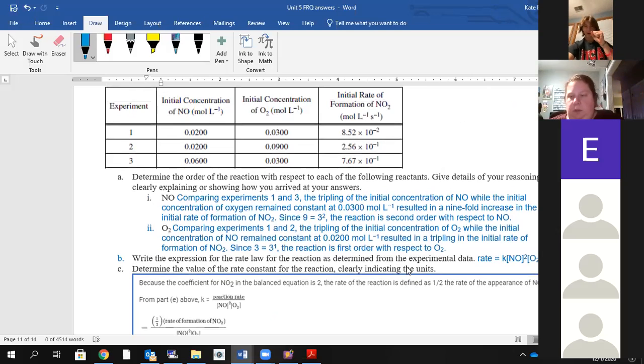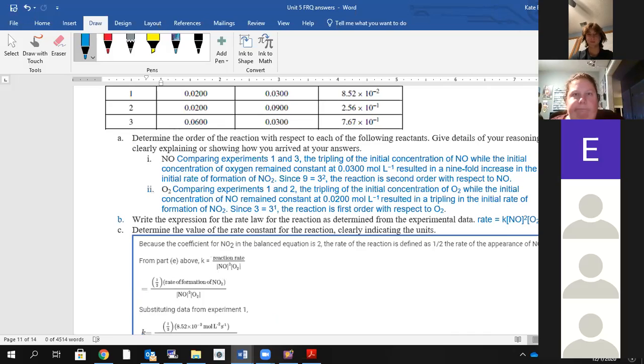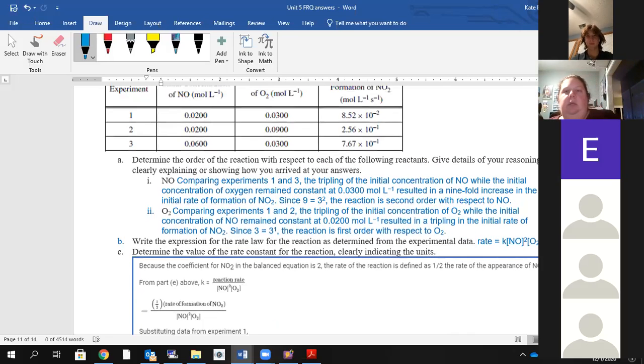Okay, so let's bust out the old handy dandy calculator. Take that squared times that. 8.52 times 10 to the negative 2 divided by that. That's what I got. So I took this rate law and plugged in data from the first experiment.